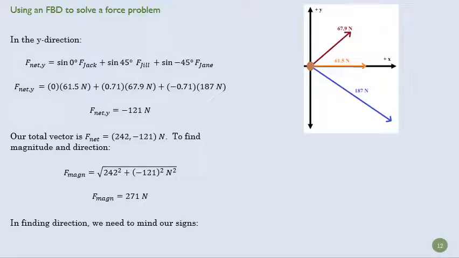In finding direction, we need to make sure we pay attention to our signs. So we do theta equals inverse tan of Vy over Vx. And again, that's because it's TOA, right? Opposite over adjacent. That means that our angle is going to be the same angle in here with reference to the positive x axis.